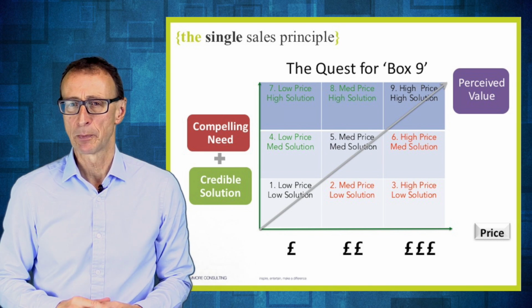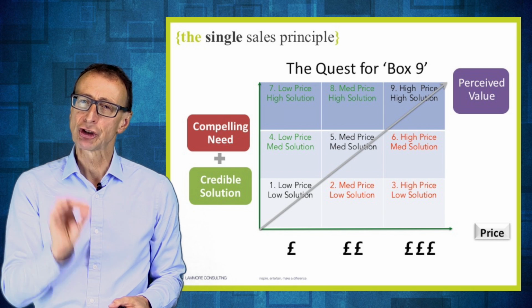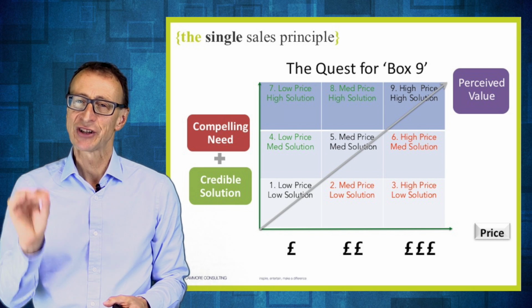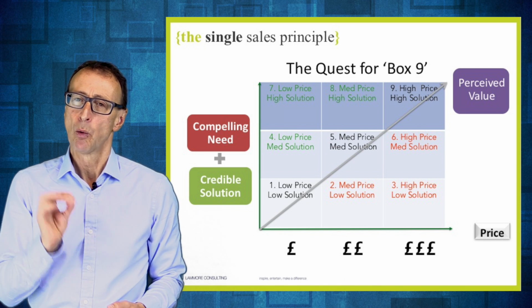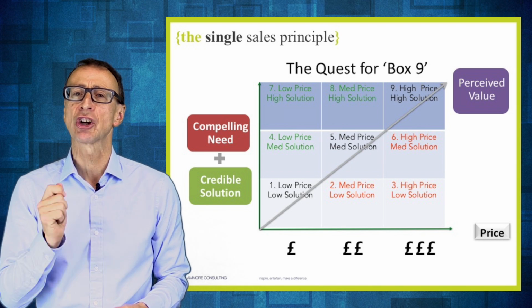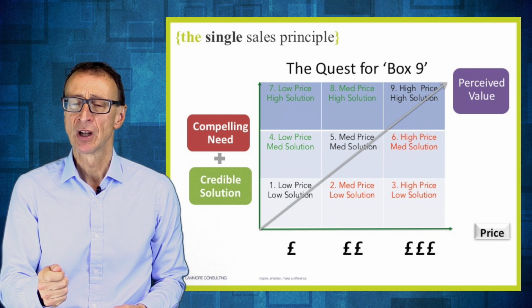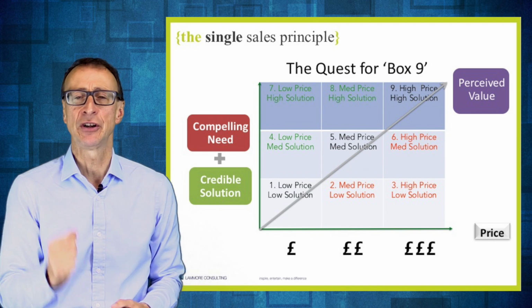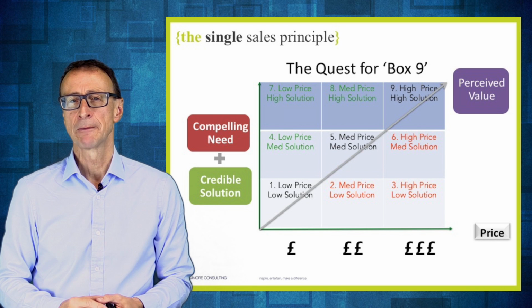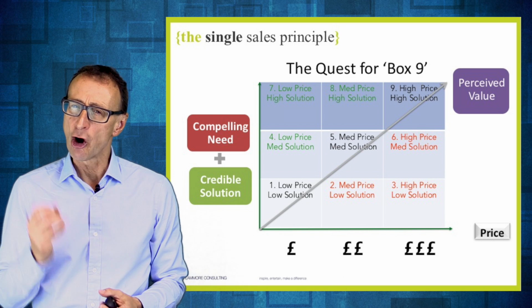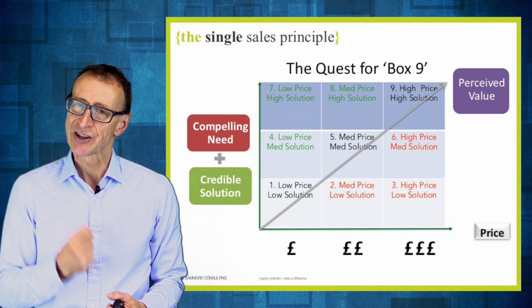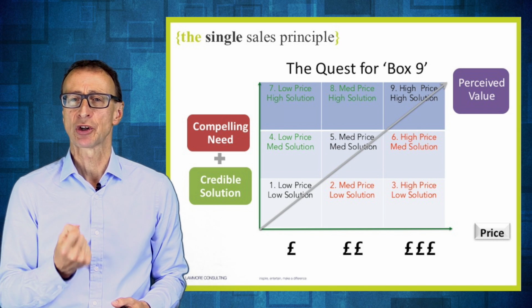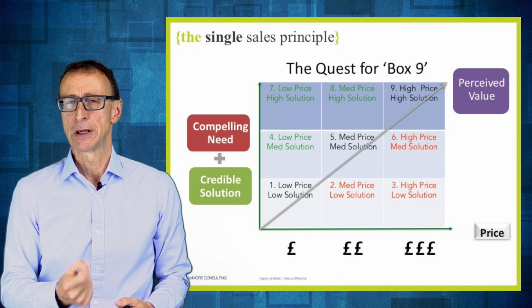So what about the other boxes? Well, boxes 2, 3 and 6 are the places where you definitely don't want to be. Why? Well, because this is where you are charging more money than the perceived value that customers are getting. And often when we work with customers, they say to us, as salespeople, we're feeling like we're in box 6. We are selling a premium brand.